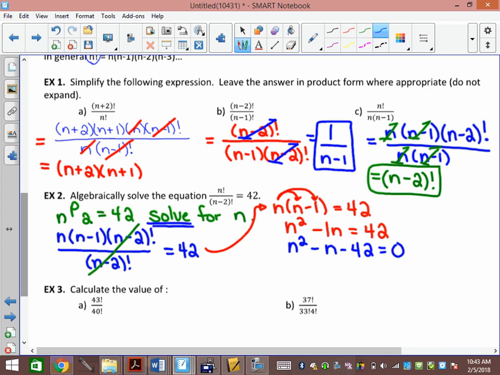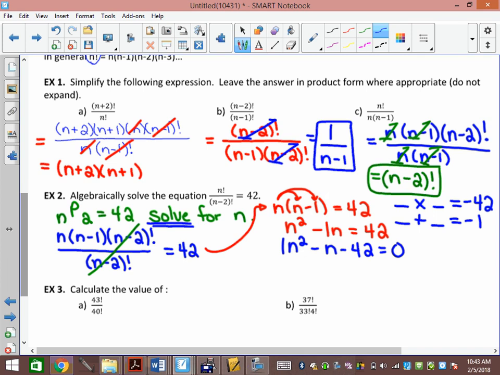Okay? So, factoring. What times what equals 1 times negative 42? So A times C. This one times this one. What plus what equals negative 1? If factoring was not your strong suit, I should see you at lunch hour so it is your strong suit, because you're going to need to be able to do it like that without thinking.